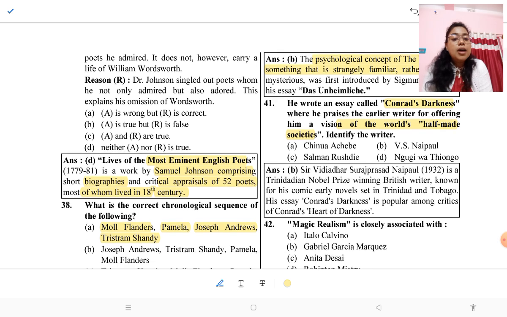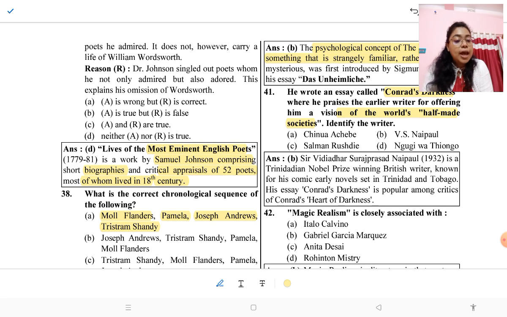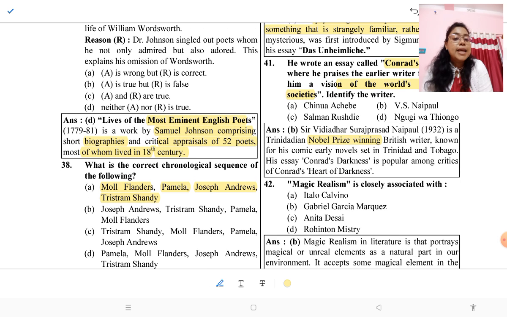Sir Vidyadhar Surajprasad Naipaul was born in 1932. He is a Trinidadian-born Nobel Prize winning British writer known for his comic early novels set in Trinidad and Tobago. His essay Conrad's Darkness is popular among some critics of Conrad's Heart of Darkness.